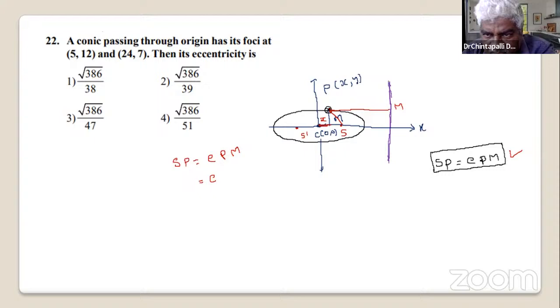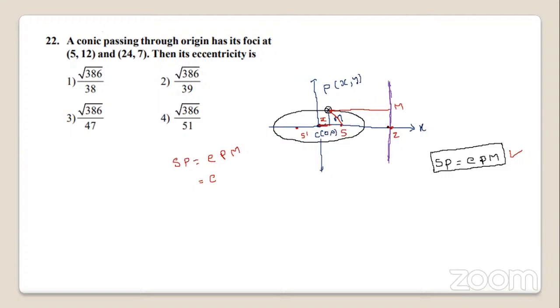See, PM means this is P, this is M. If the foot of the perpendicular from C on the directrix is Z, then what is PM equal to? What is the equivalent distance of PM on the x-axis? M to Z, right?